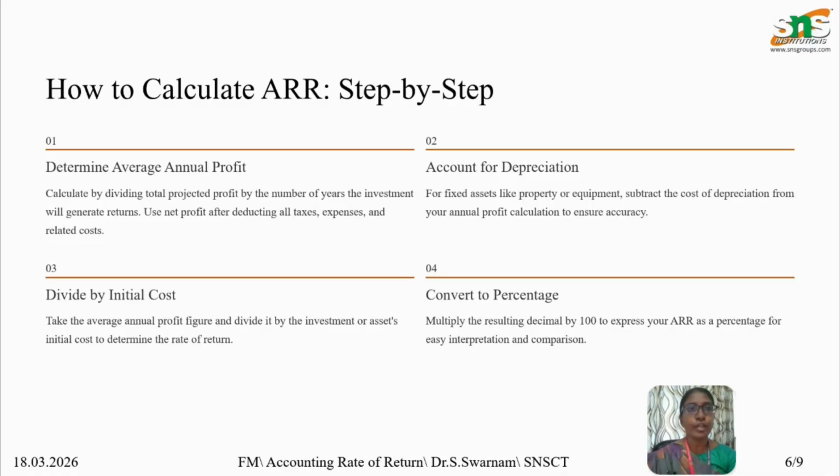That is how we measure the accounting rate of return. Finally, once you have computed your average profit, divide it by the initial cost. Average annual profit divided by initial cost, and that amount is multiplied by 100 so that you can express the accounting rate of return in percentage.